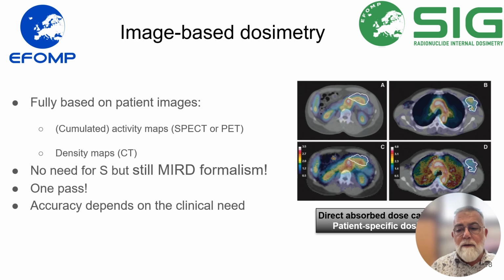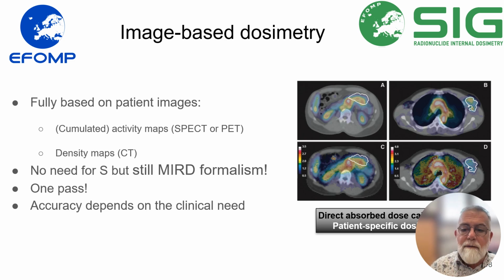For image-based dosimetry, you will use the geometry of the patient and the activity present in the patient to do a specific calculation of the absorbed dose for that very patient. And so you understand that model-based dosimetry, as I said, is quite often in the context of diagnostics, and image-based dosimetry is most often in the context of therapy, in the context of molecular radiotherapy.